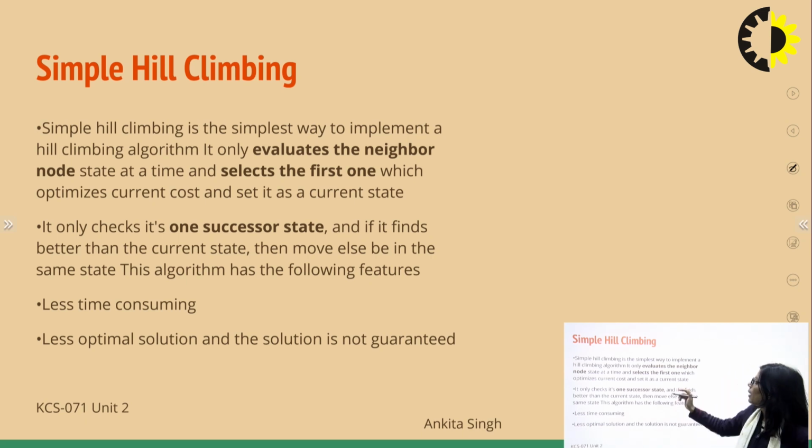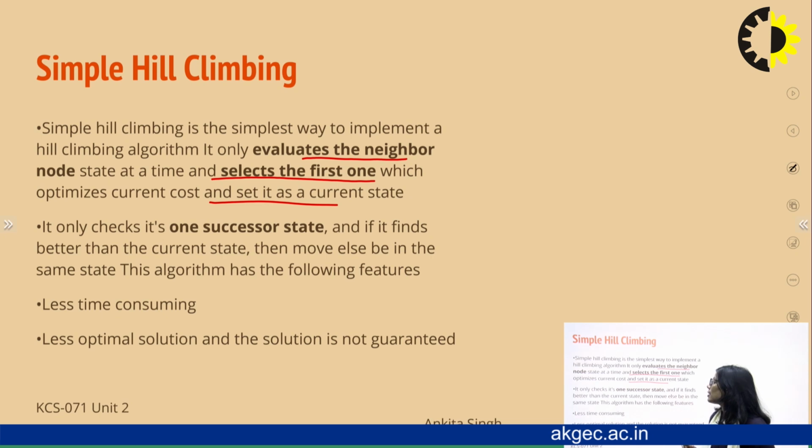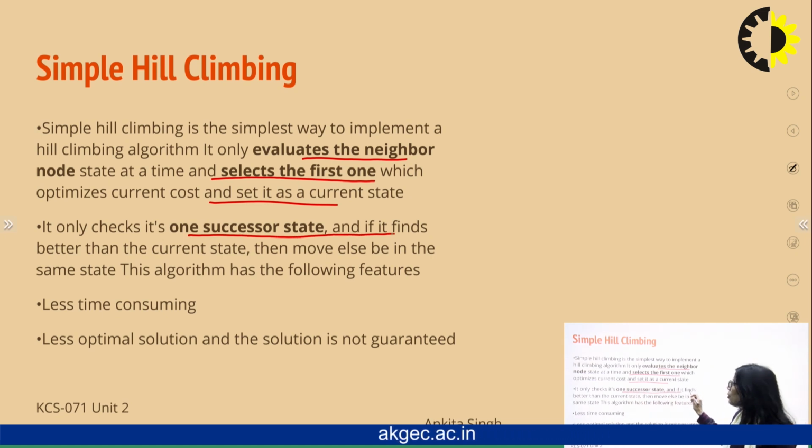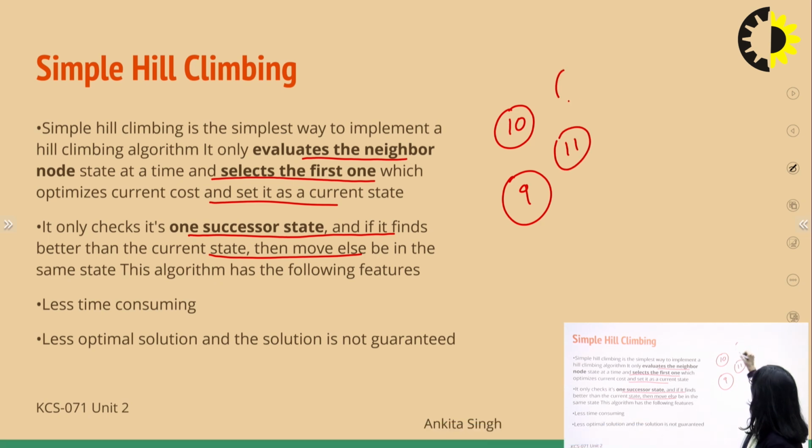It only evaluates one neighbor node state at a time and selects the first one which improves on the current state, and makes it the current state. So it only checks its first successive state, and if it finds one better than the current state, then it moves, else it stays in the same state. For example, I have a node 10, and suppose I have 8, 9, 11 and 12 as neighbors.